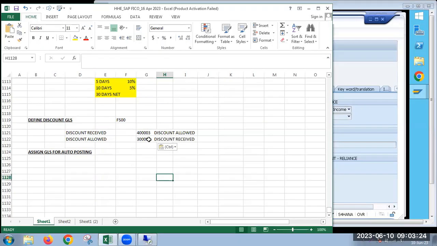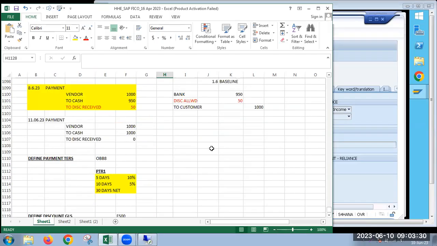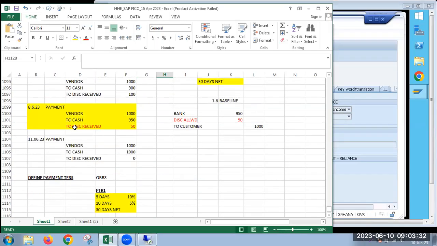So 2 GL accounts we have defined for mapping our discounts. The scenario can be different. If it is any discount received time, this GL account to be posted, and allowed time it should be posted, depending on whether we are receiving the discount or providing the discount.